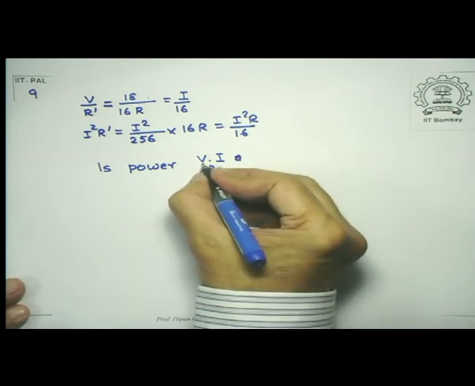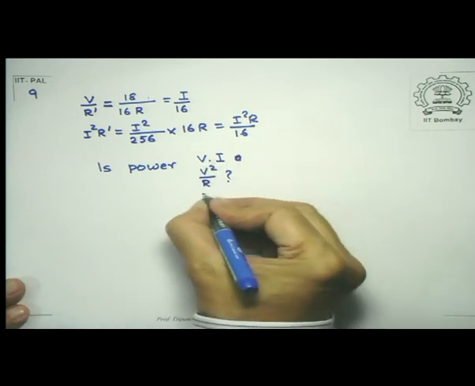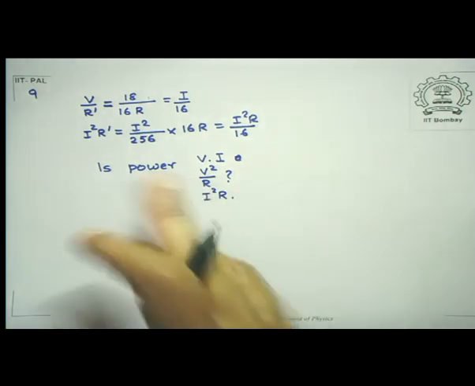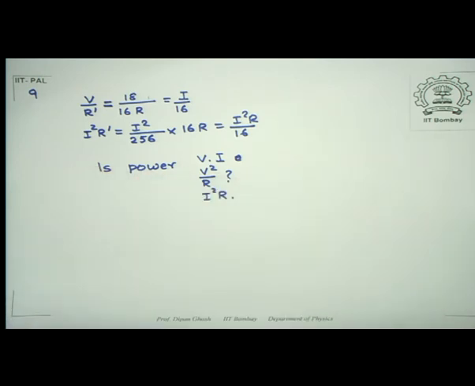Or since V is IR, is it I square R? Now you would say they are all the same. They are all the same provided all that you have is a single source of voltage, that's an EMF source, and a single resistance.